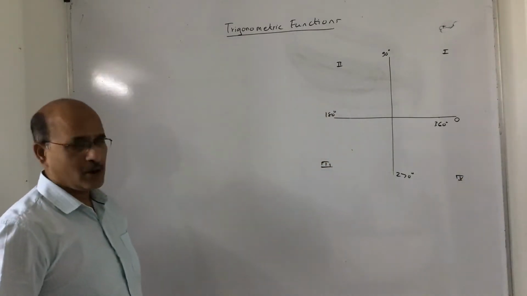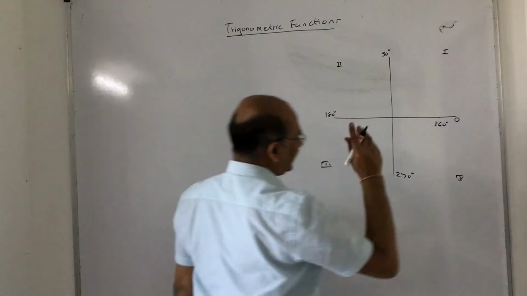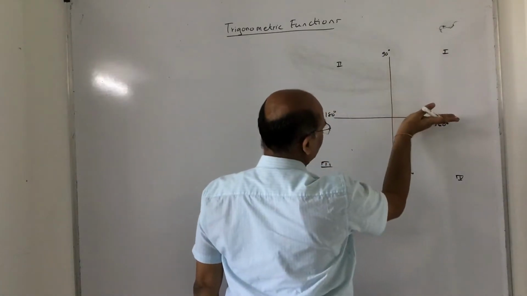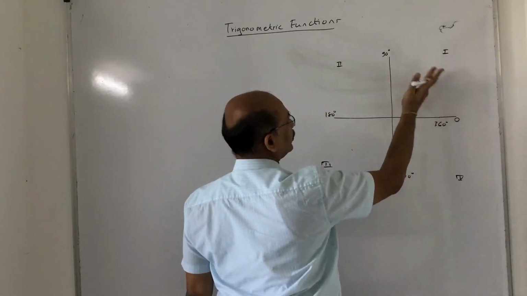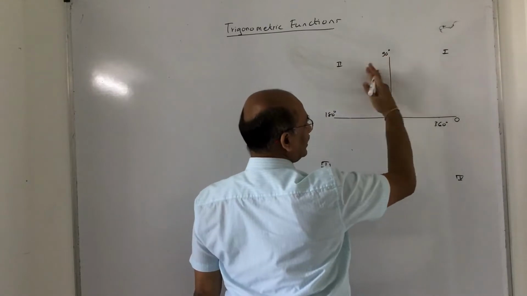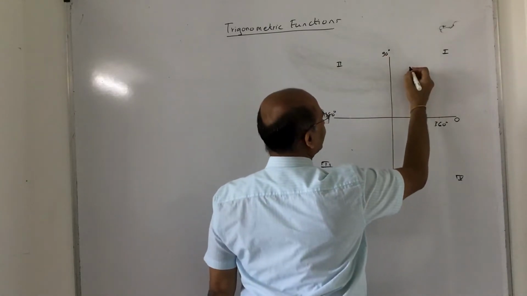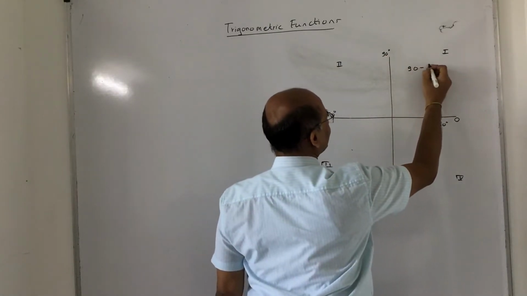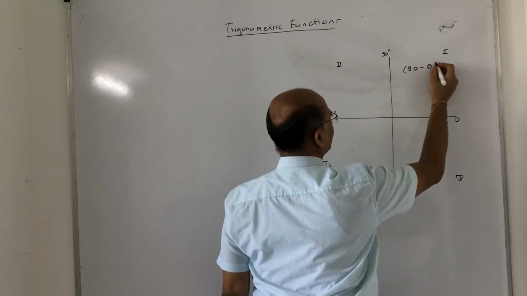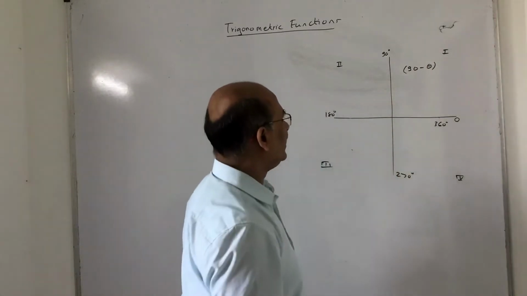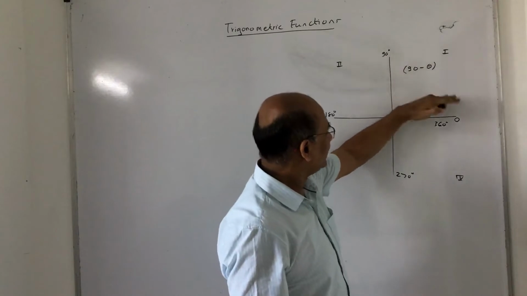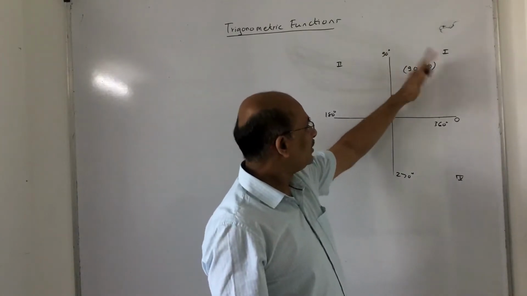Now something very important I want to share. When the terminal arm moves from 0 degree towards 90 degree, that is in the first quadrant, the angles can be termed as 90 minus theta. I mean to say, any angle is always less than 90, so 90 minus theta.